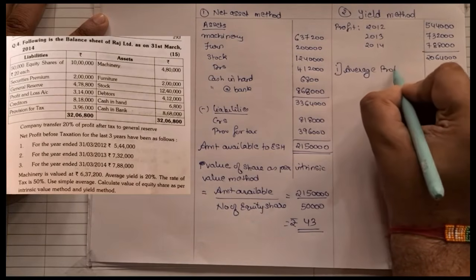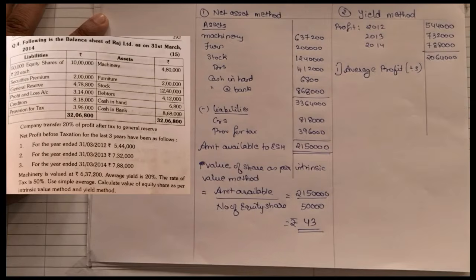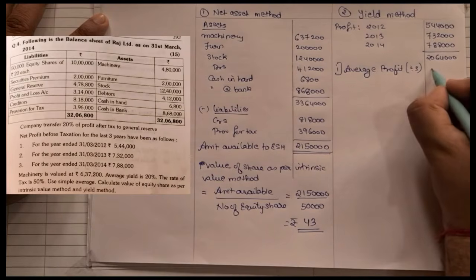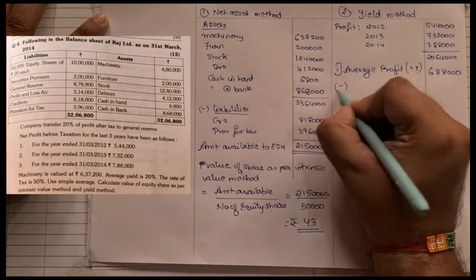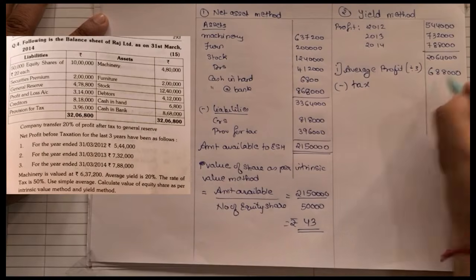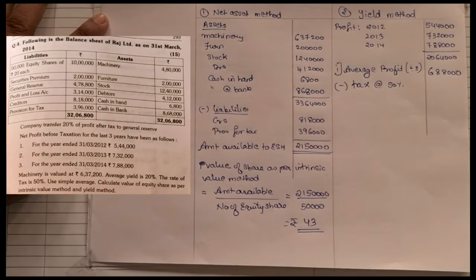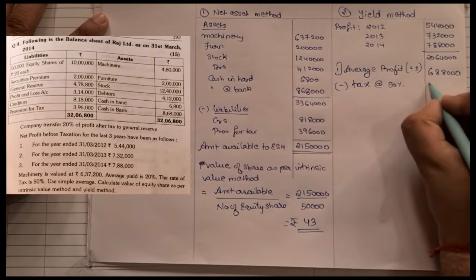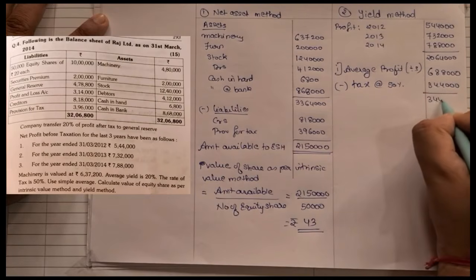So number one, I need average profit. Average profit will be whatever profit you got divided by 3. So 20,64,000 divided by 3, we get 6,88,000. From here, less tax. This is like profit before tax. Tax is 50%, which will be 3,44,000. When I subtract it, I get 3,44,000.